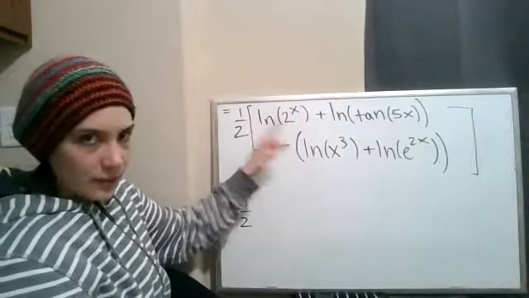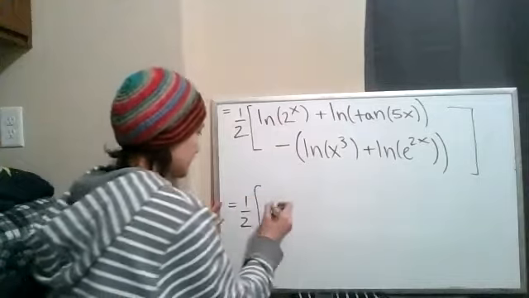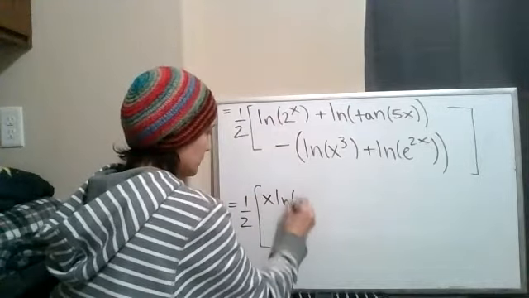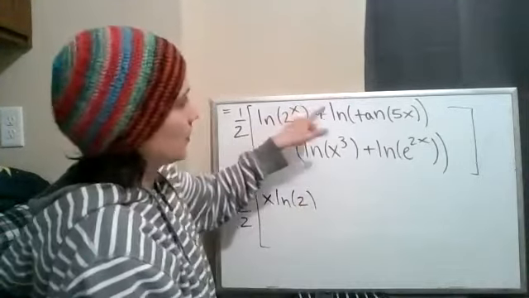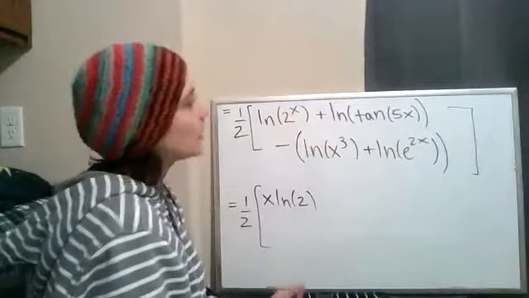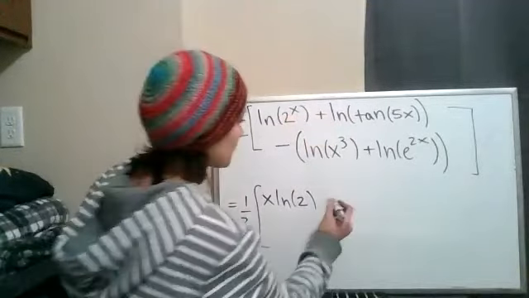Okay, so we have this equal to 1/2 x times ln of 2, plus ln of tangent of 5x.